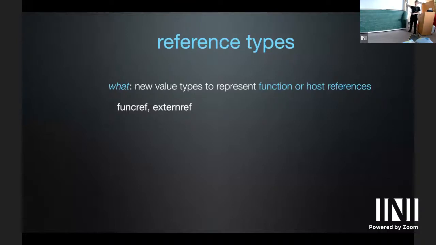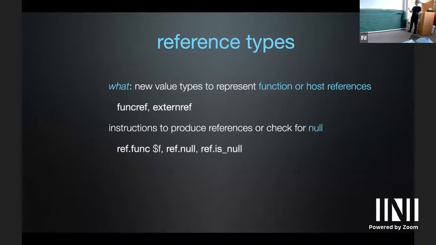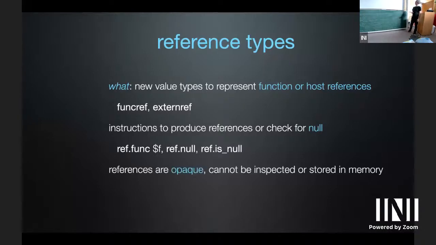So for example, on the web, this could be a JavaScript object. And then you also have null, so you have instructions to produce these references or check for null. For example, this is basically the address-of-function operator: you reference one of the functions in your program, you create a null reference, and you check. Those are the 3 primitive instructions.